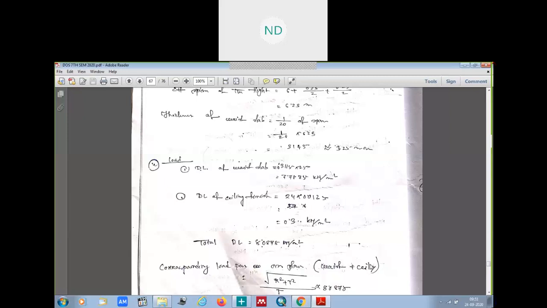Now, one more thing, as I told you here, if this is your waist slab, these are our steps.